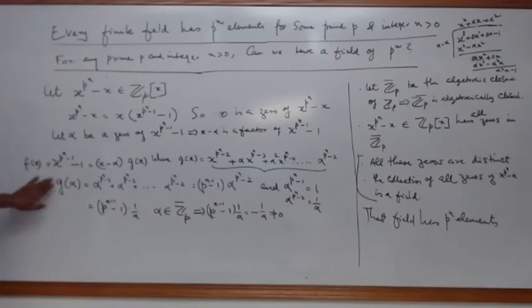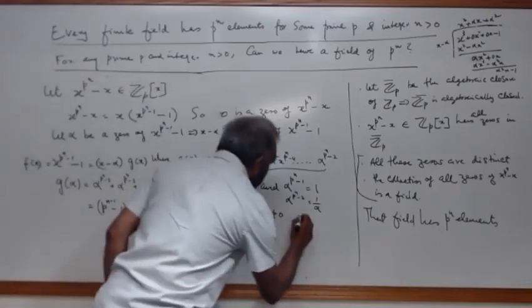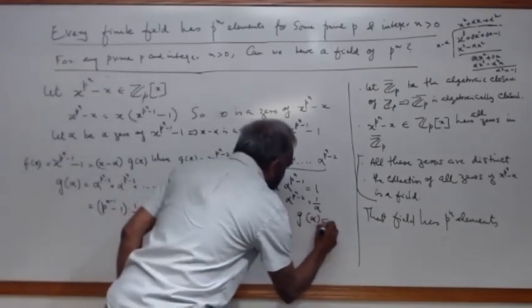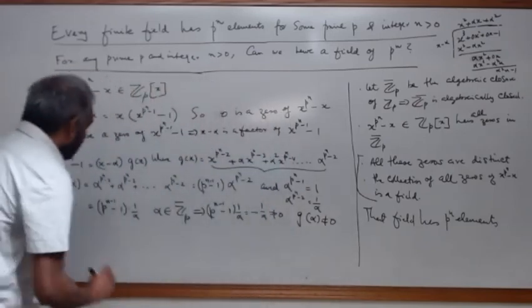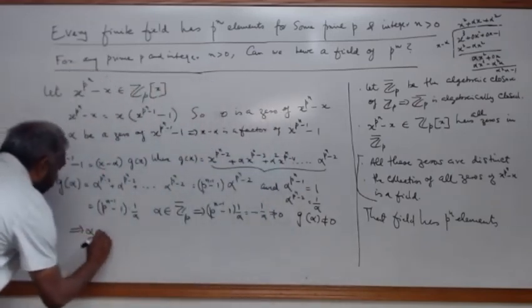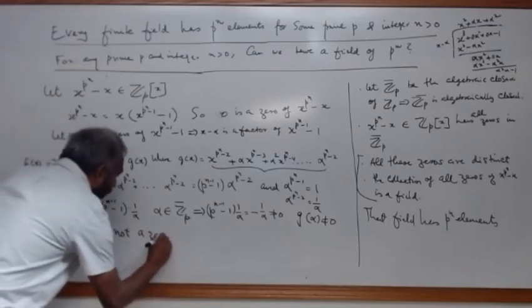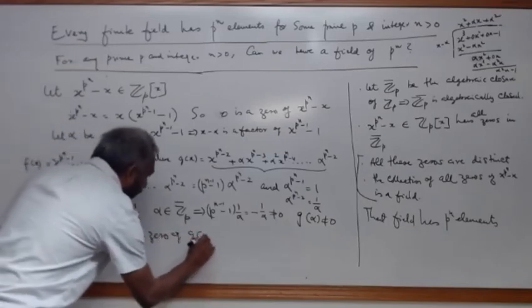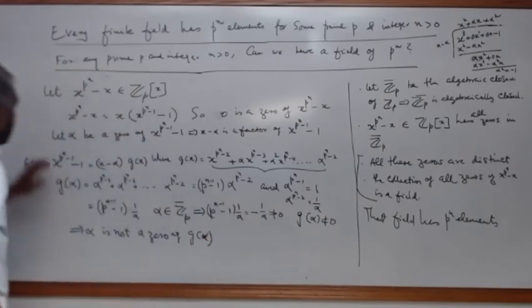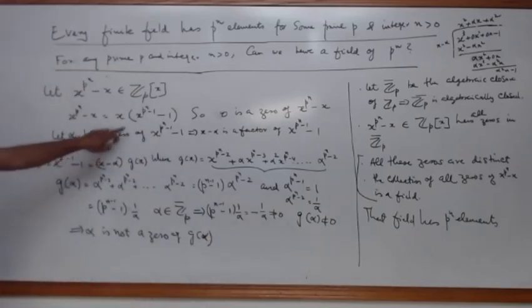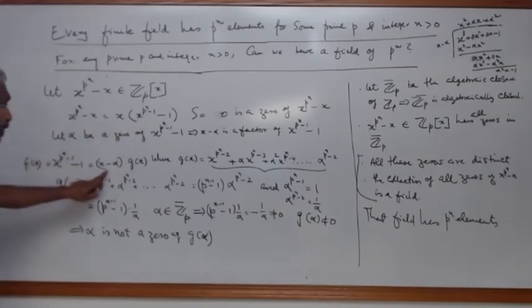So what does that mean? G of alpha is not 0. Implies alpha is not a 0 of g of x. So once you have assumed that alpha is a 0 of this, then that alpha cannot be a 0 of any factor of x to the power of p to the power of n minus 1 minus 1.